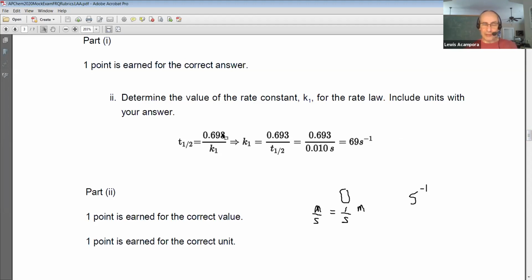And from that, we just turn it around because we know the value for the half-life. So we get 0.693 over 0.01 seconds. And that is 69, and the unit there is reciprocal seconds. We've rounded off to 2 sig figs here, but it would certainly be okay to write 69.3. And that's 1 point for the correct value, so that's 69, and 1 point for the correct unit. So just getting the unit there earns you one of those near and dear points.